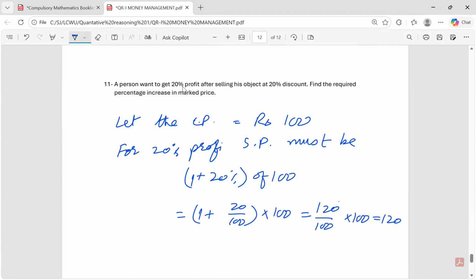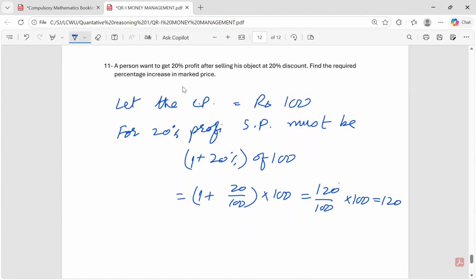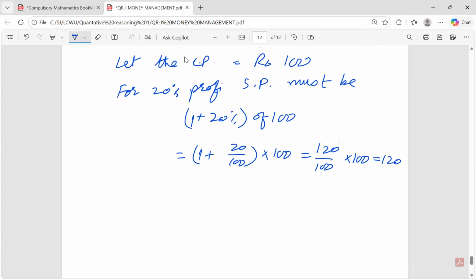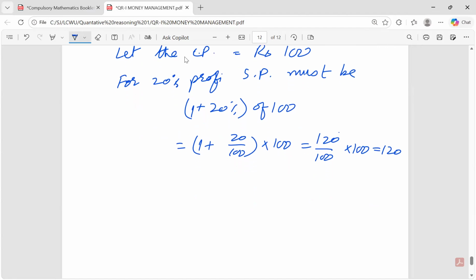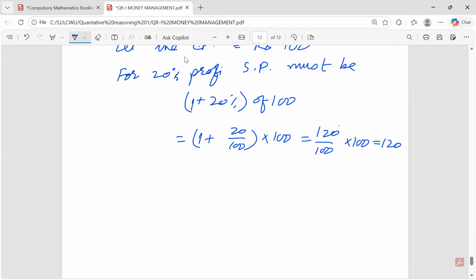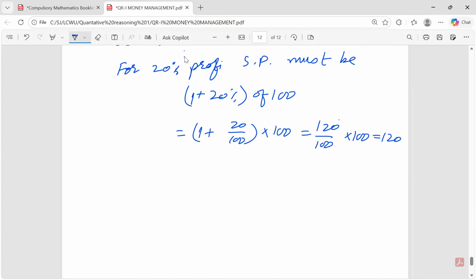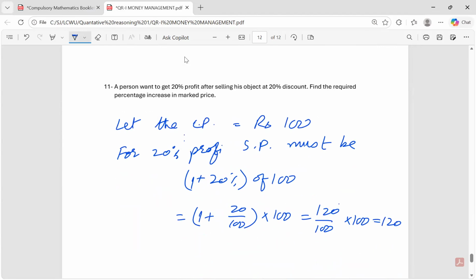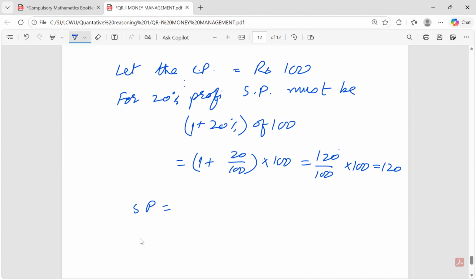So your mark price will be, now if the mark price is this, then since you are selling the product at a 20% discount, the sale price is 1 minus 20% of the mark price.